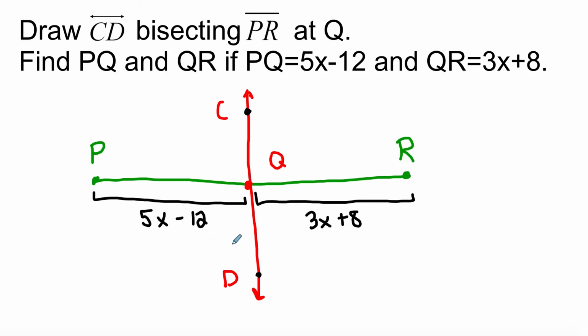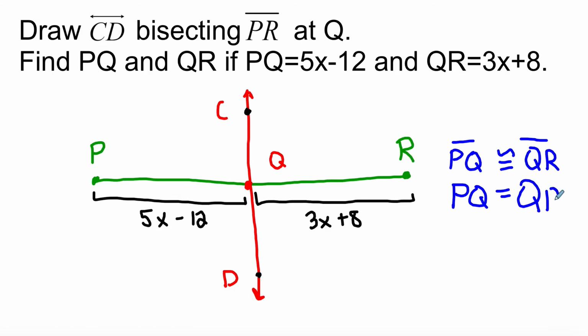Let's follow the logic here: segment PQ is congruent to segment QR, which means the length between P and Q is the same as the length between Q and R. So if PQ is 5x minus 12, then we can write 5x minus 12 equals 3x plus 8, which is QR.